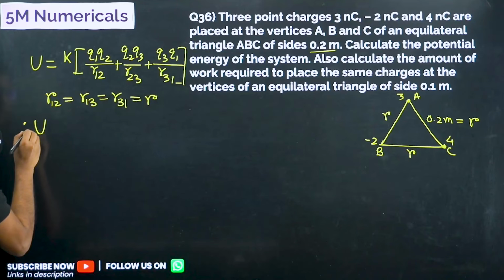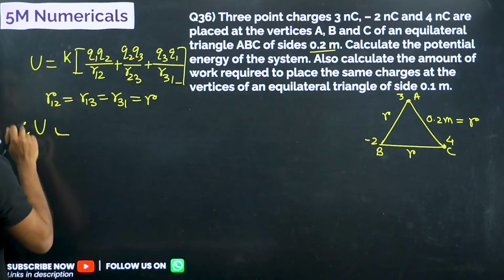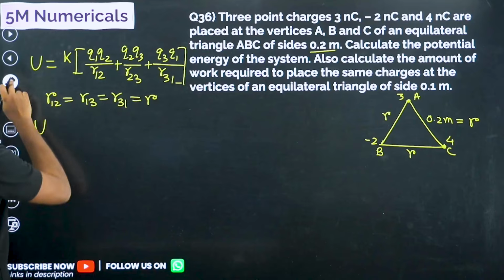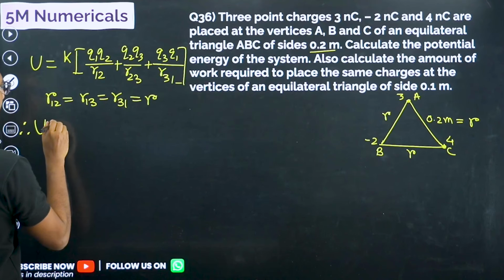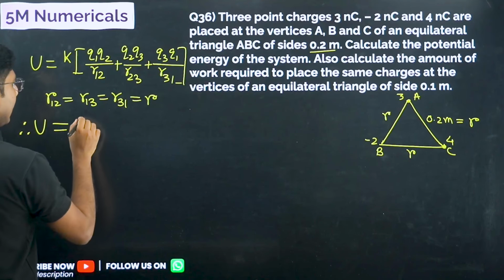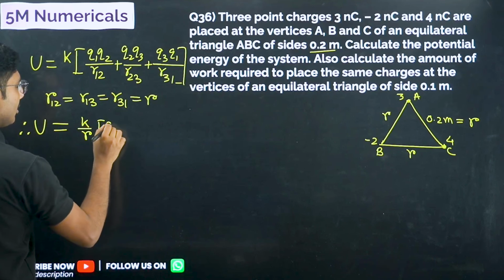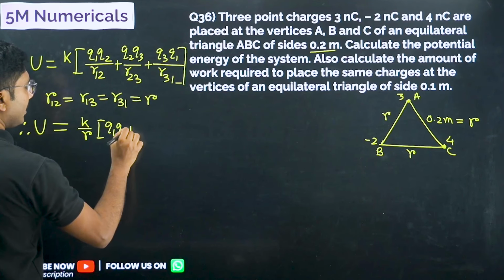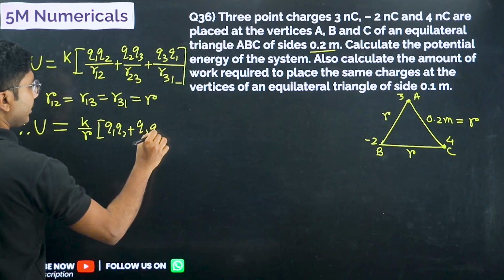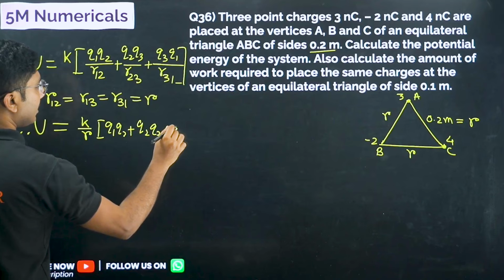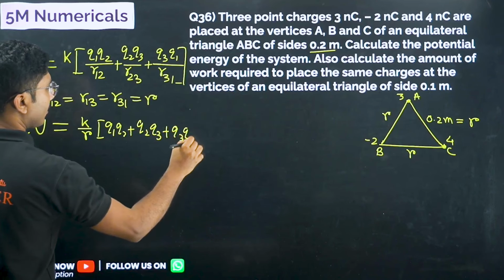Therefore we can write the potential energy of the system as K upon R times Q1 Q2 plus Q2 Q3 plus Q3 Q1.